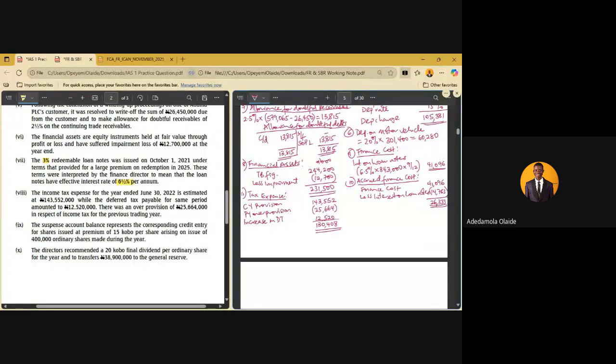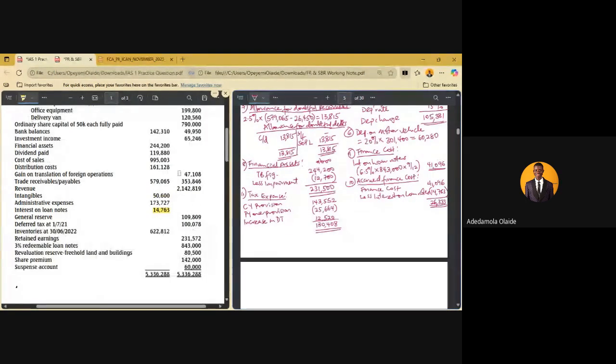Okay, so having done that, before I deal with the suspense account, let me just quickly deal with this. If you look at the trial balance, we were given deferred tax at the beginning of the year to be 100,078, and they've given us deferred tax payable for the period.